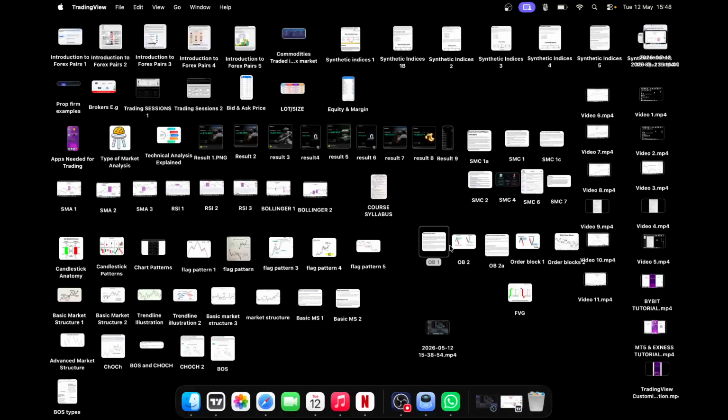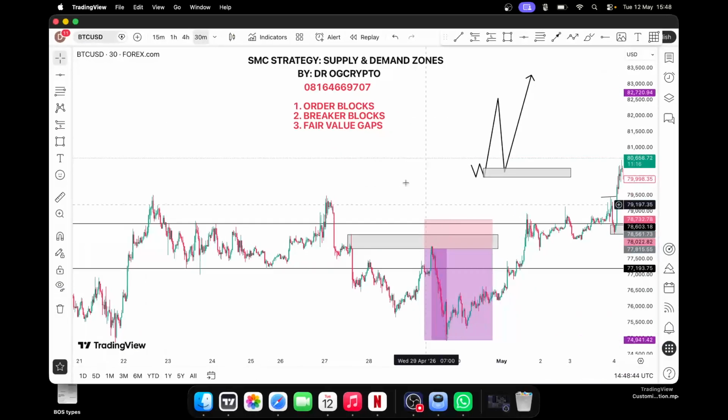You understand? So by way of definition, we can say an order block is the last bearish or bullish candle before an impulsive move that did break of structure. So look at the terms. I want you to take note of the terms.